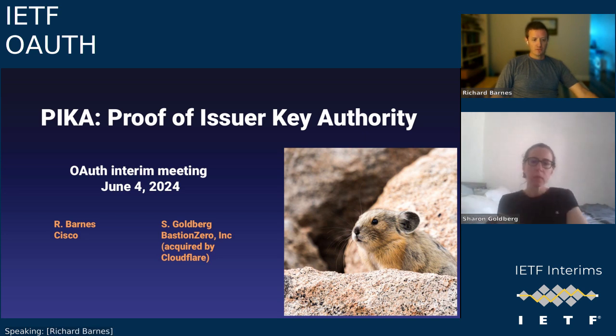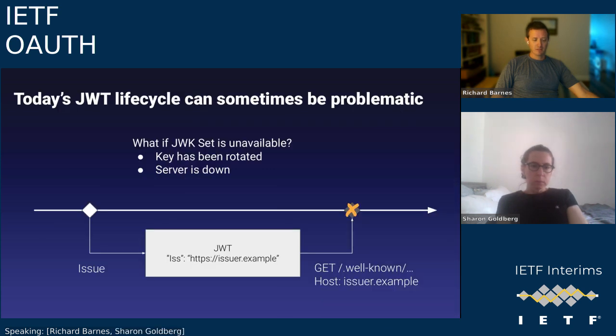All right, so let's dive into background to get folks on the same page as to what problem we're trying to solve. I think most folks on the call have probably done this OAuth OpenID dance, where you get some signed statement from an OAuth or OpenID provider, some JWT, some ID token, something like that.